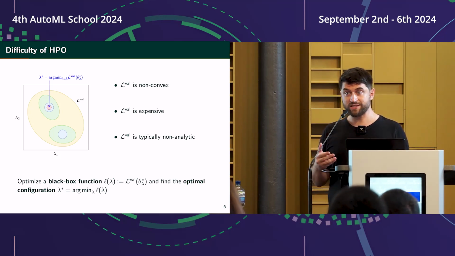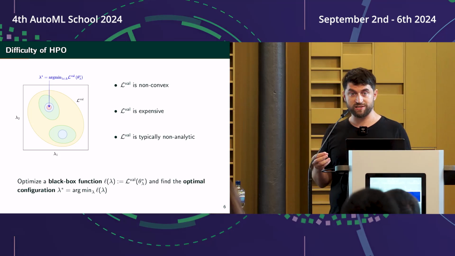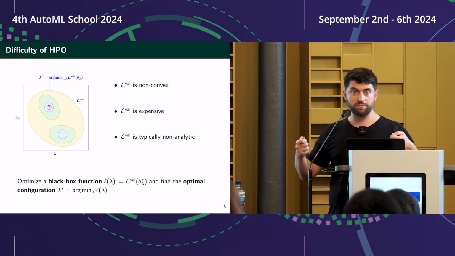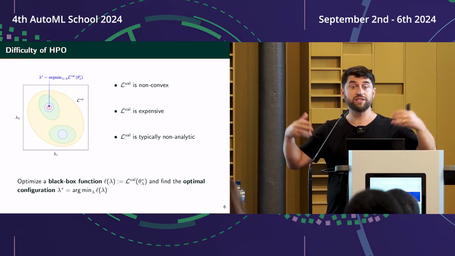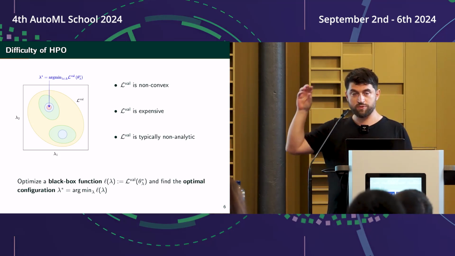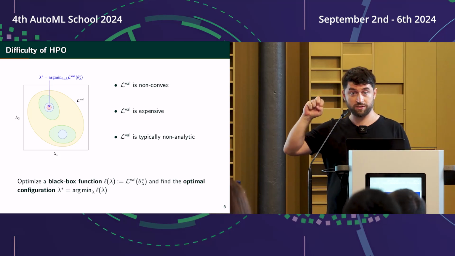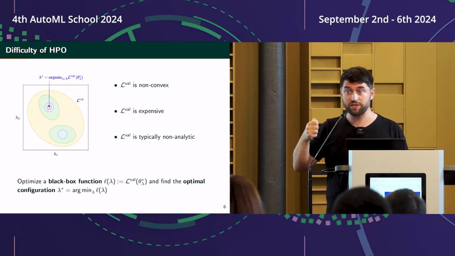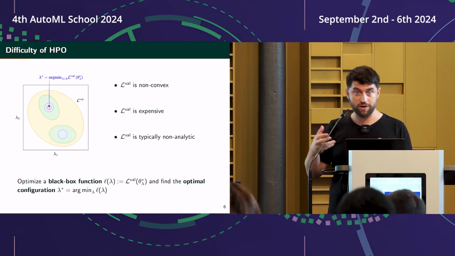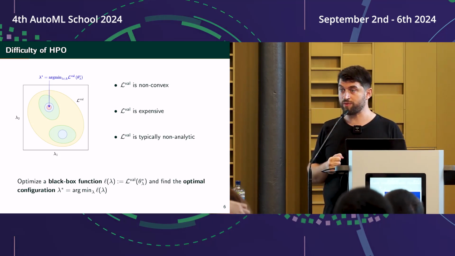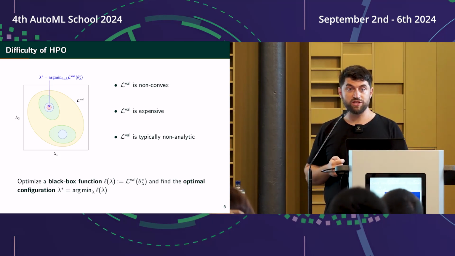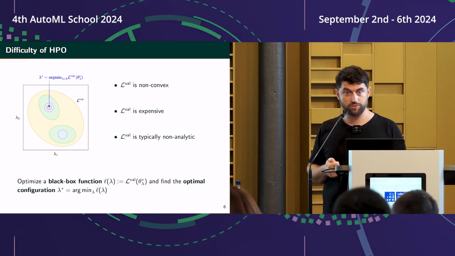But the necessity for such approaches is that in the update rule of your parameters, think of a gradient descent update rule, the hyperparameter must occur as a variable, such as the learning rate. If the hyperparameter doesn't occur as a variable in the update step of your optimization procedure, then you cannot backpropagate through it.